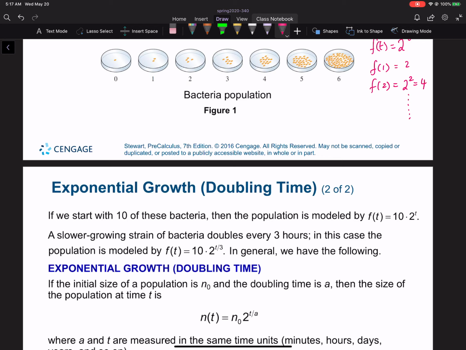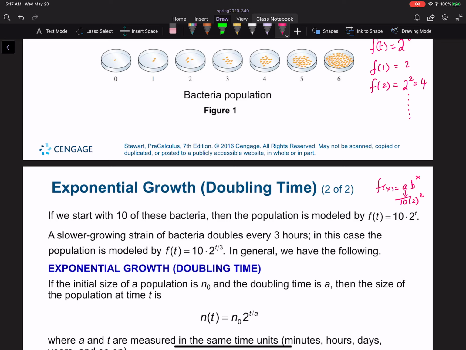Then it looks like f of x is equal to a b to the x, where a is my initial amount, and then it's doubling every hour, so that's 2 raised to the t. Okay, but if we change it a little bit and say it's now not doubling every hour but doubling every 3 hours, then we can't use this definition anymore.